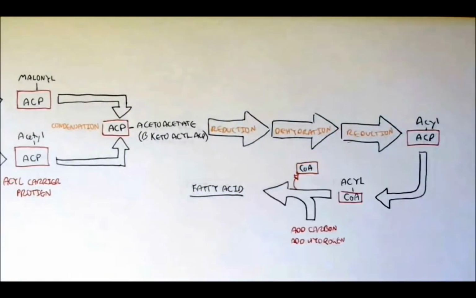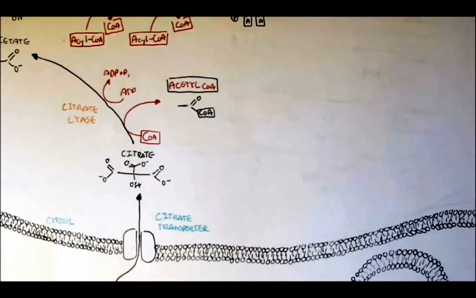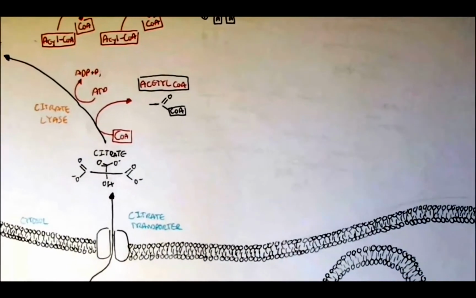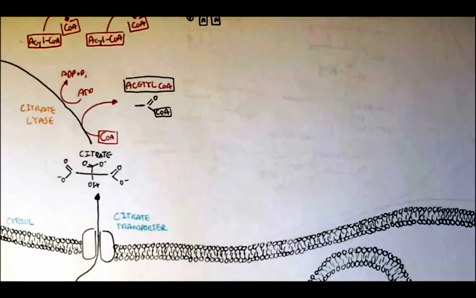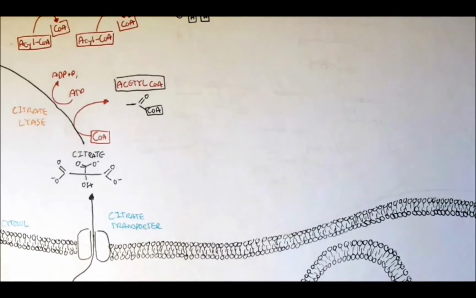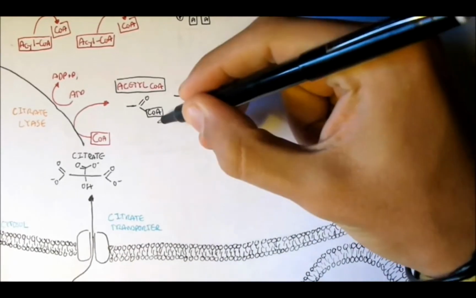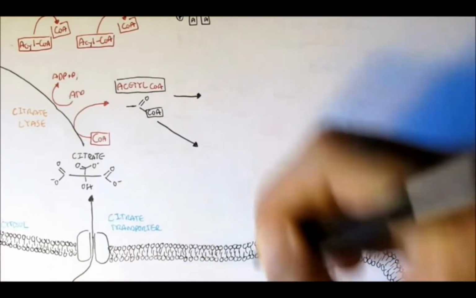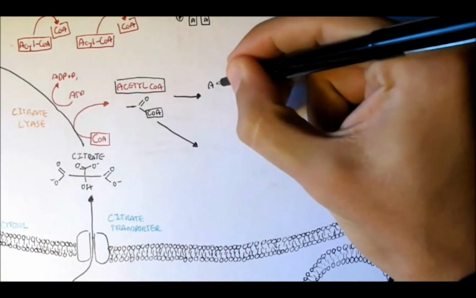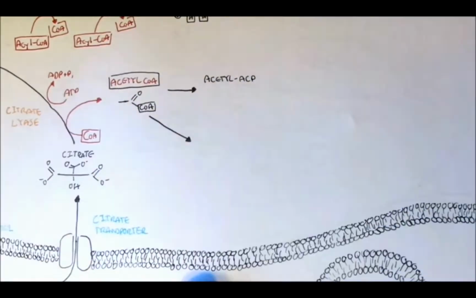But back to the map. So fatty acid synthesis begins with acetyl-CoA, which is in the cytosol now. Acetyl-CoA can either convert to acetyl ACP or malonyl-CoA.